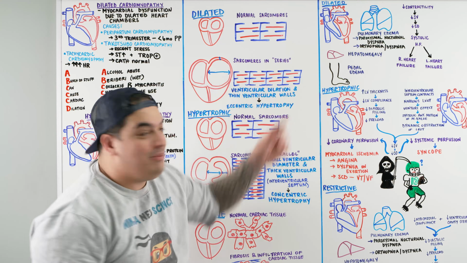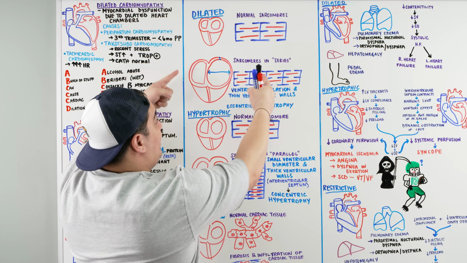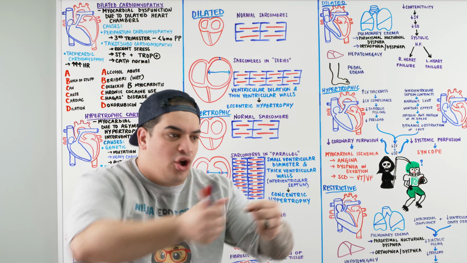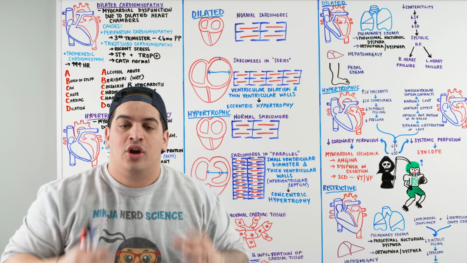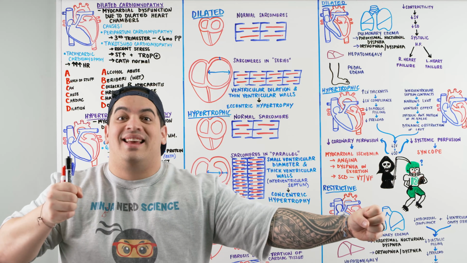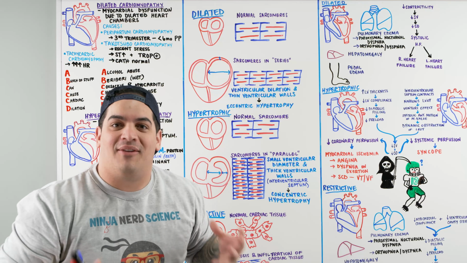When I add these sarcomeres in series, that causes the ventricular chambers to get bigger in diameter and thins out the ventricular walls. Think about eccentric hypertrophy: we're lengthening something. You're increasing the size of the muscle, but in a way that it's lengthening, and when you lengthen it, you cause the thinning and dilation of the ventricular chambers.